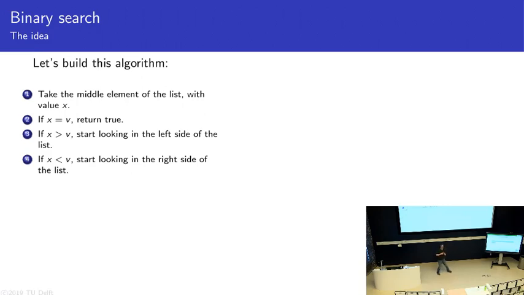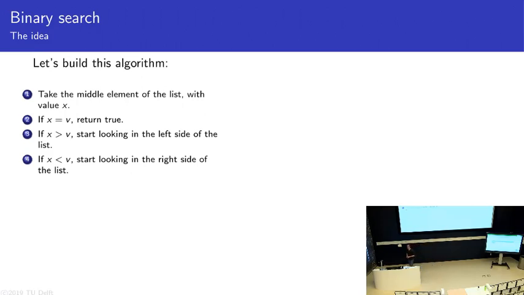So that means we need to go back to the left side of the list. If it turns out that this book in the middle is the Baldacci book, then we need to move forward because we're still before the book that we're looking for. So indeed, if x is larger than v, we go to the left, and if x is smaller than v, we start looking in the right side of the list.